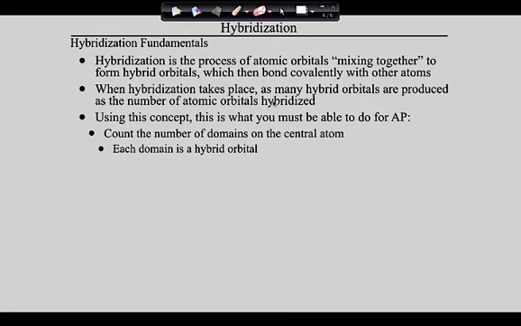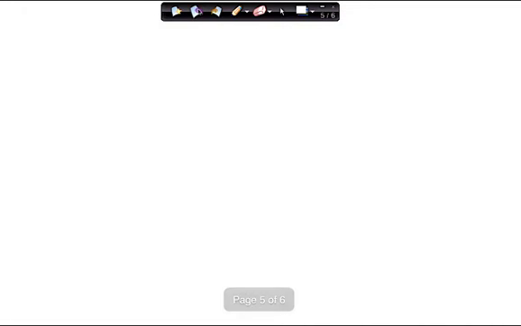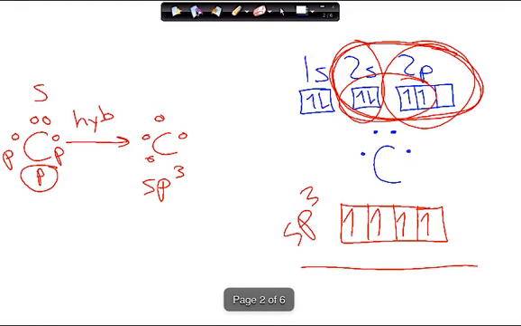Okay, so guys, we just said something really bold. Domains, which you guys are very comfortable with, are the hybrid orbitals. So let me show you what I'm talking about by drawing you back to our carbon atom. If you remember, we originally said that carbon should not be able to form CH4 because it's only got 2 bonding sites. And we went through this long conversation about the idea that the s and p marry together, they hybridize, that forms 4 domains, and the electrons spread out through those 4 domains.